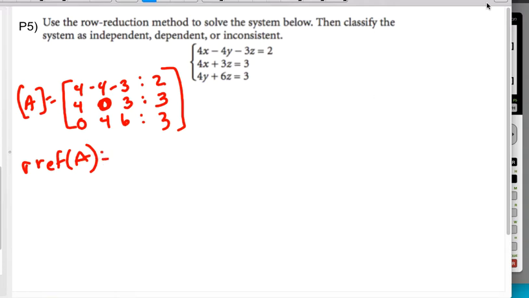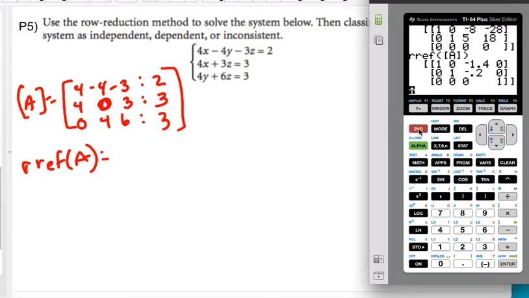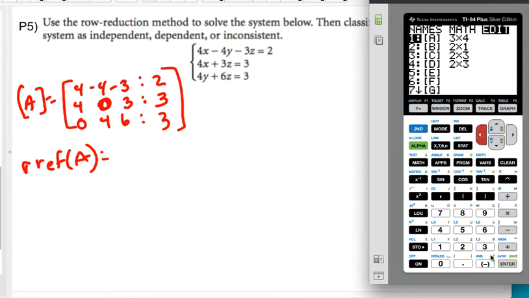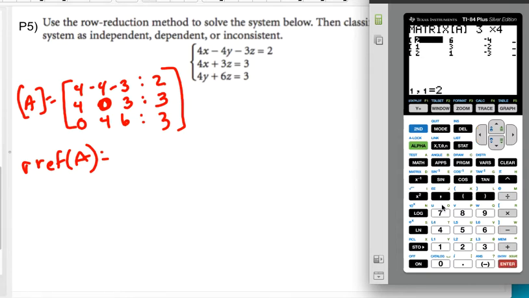So let's go ahead and do that. I go second matrix, go over to edit, I pick A. 4, -4, -3, 2, 4, 0, 3, 3, 0, 4, 6, 3.